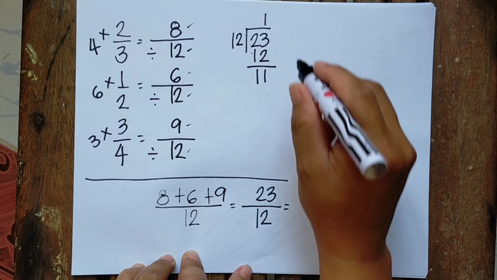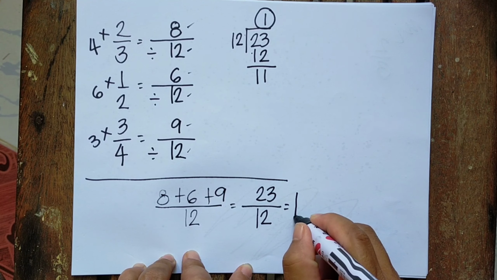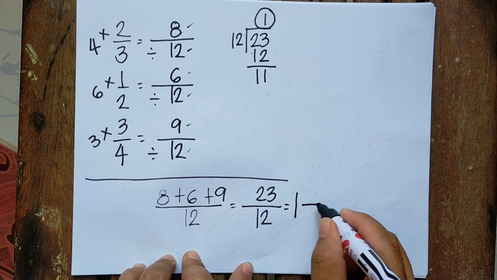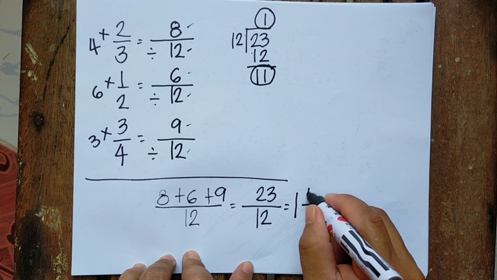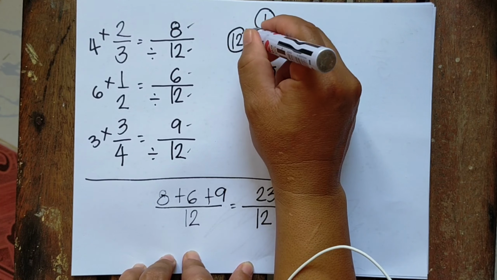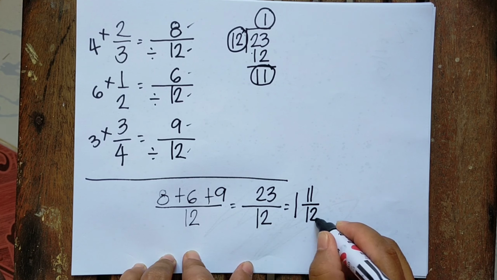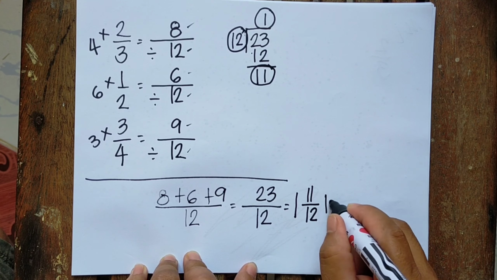Therefore, the quotient is 1, which is the whole number. Our remainder is our numerator, and our divisor 12 is the denominator. So therefore, the answer is 1 and 11/12 kilogram.